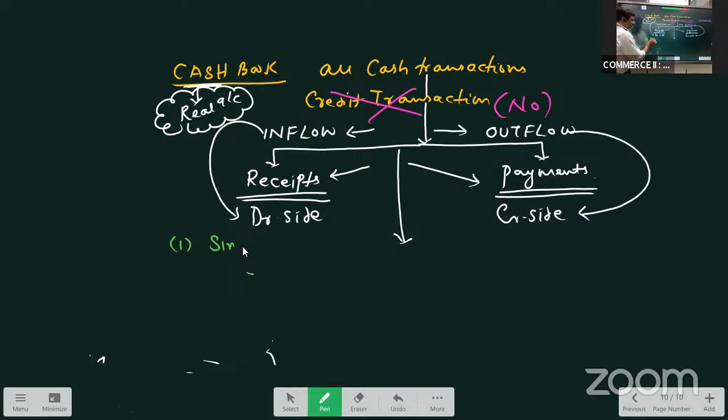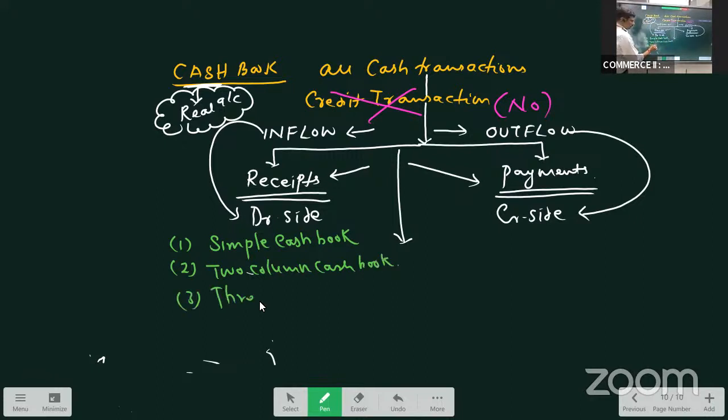First one is a simple cash book. Second one is a 2-column cash book. And the third one is a 3-column cash book.